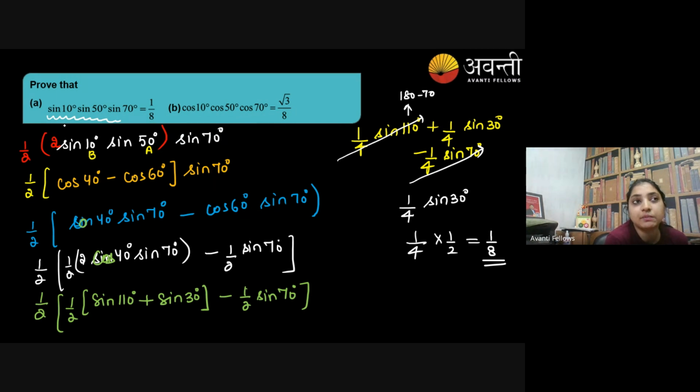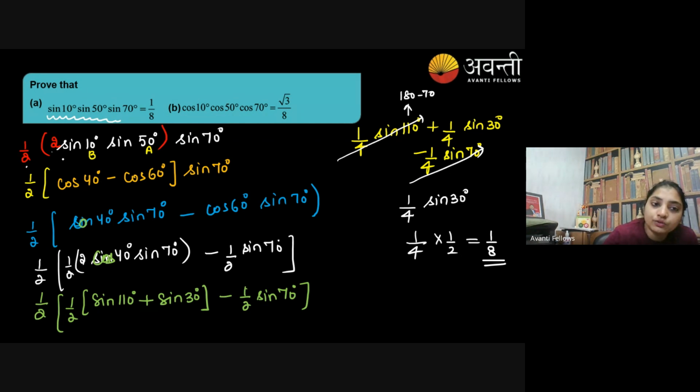Then if there will be 15 degree, 75 degree, I know the way by using compound angles. Then I can solve. But for 10 degree, 50 degree, there is no chance. Then I need to go for multiplication to addition or subtraction. That means transformation formulas I need to apply.